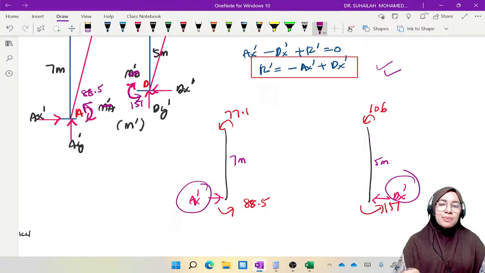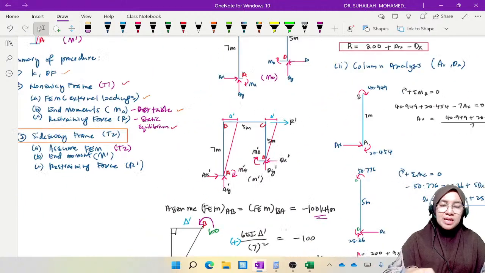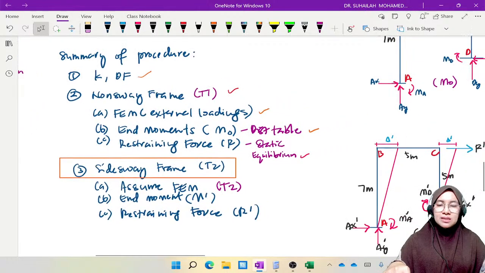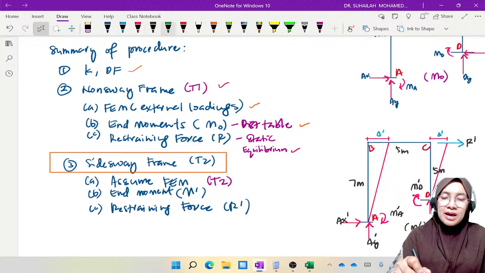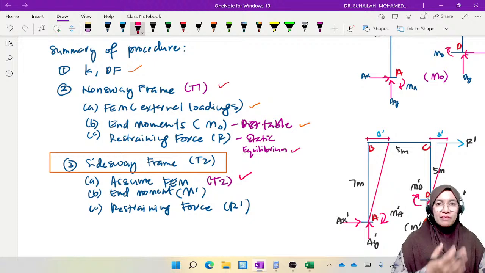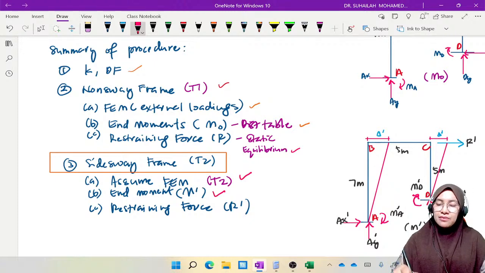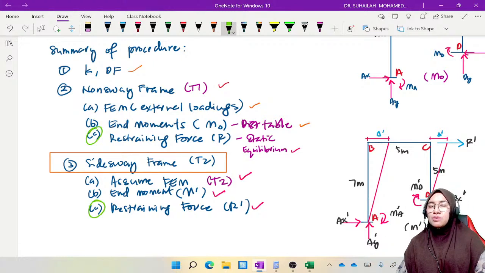Once we get the R prime value, it means we have already determined all values in this summary. We have calculated the FEM, M prime from table number 2, and the restraining force, because the restraining force for both C are the same.